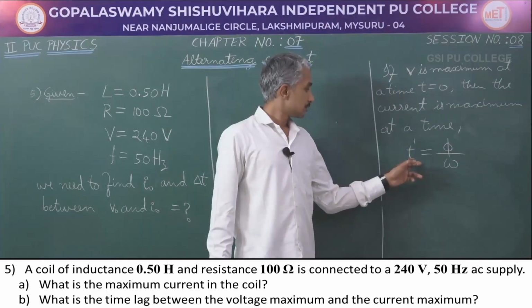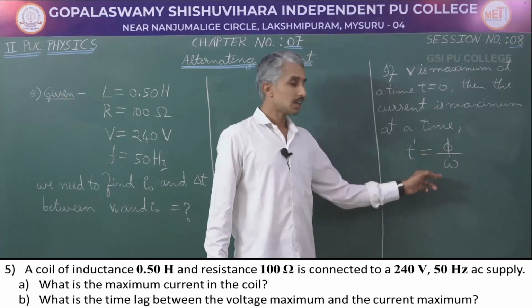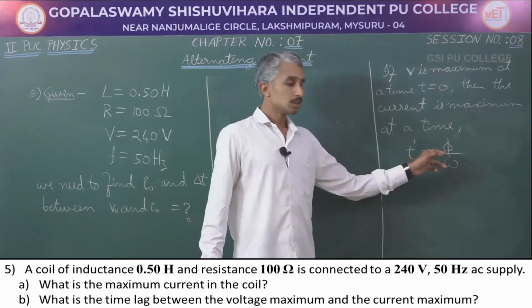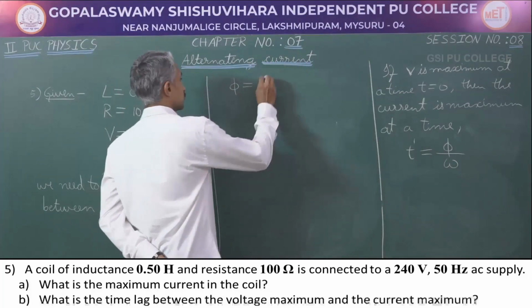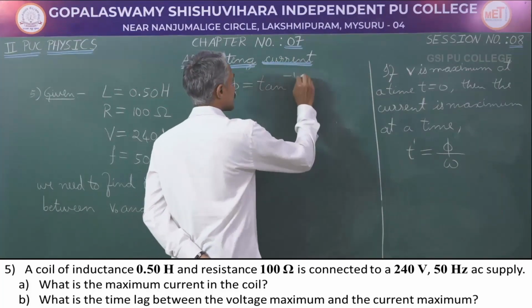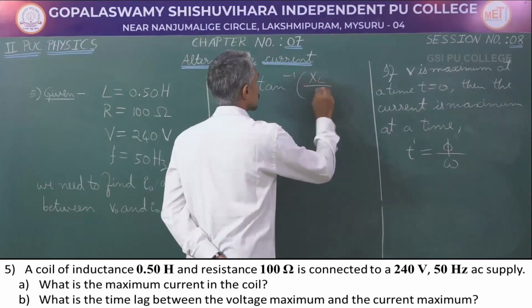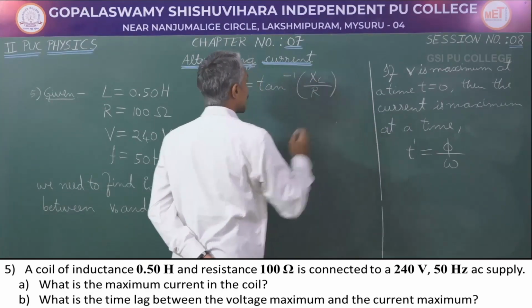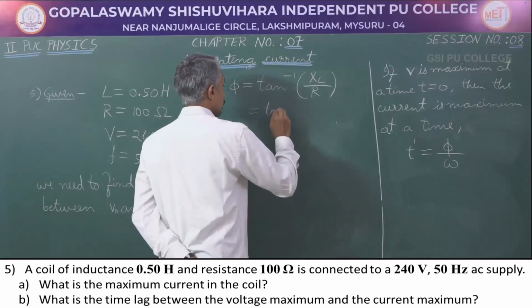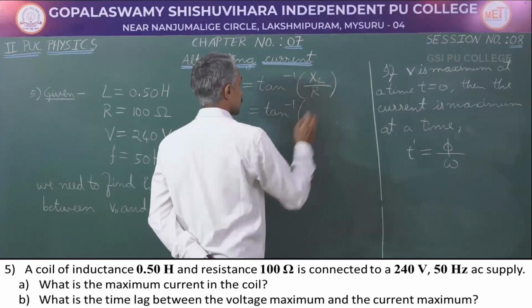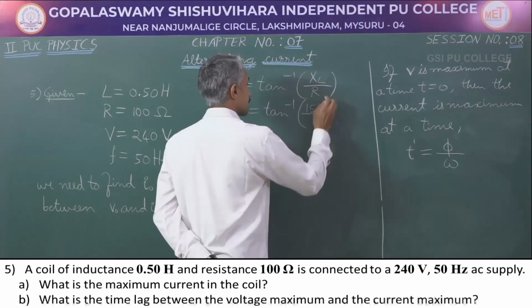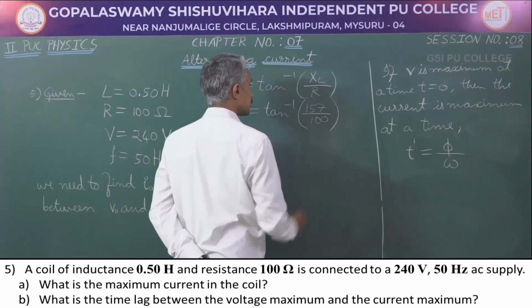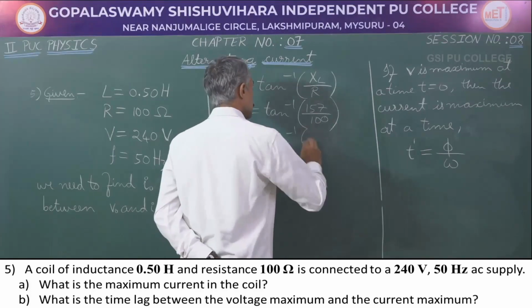To find the time lag phi by omega, we are supposed to find phi first. So the phase angle phi is equal to tan inverse of XL by R. So this is tan inverse of XL, we had calculated earlier, is 157 divided by R is 100. This will give you tan inverse of 1.57.